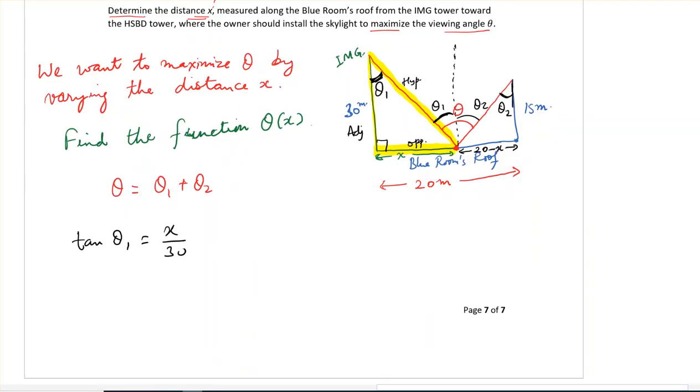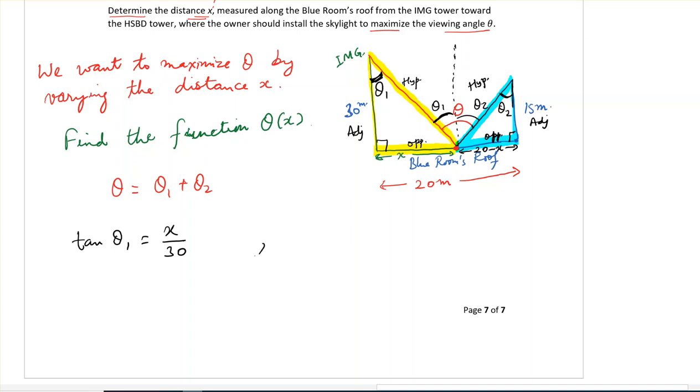x over, and again we notice that this is our adjacent for angle theta 2, this will be our opposite, and this will be our hypotenuse.